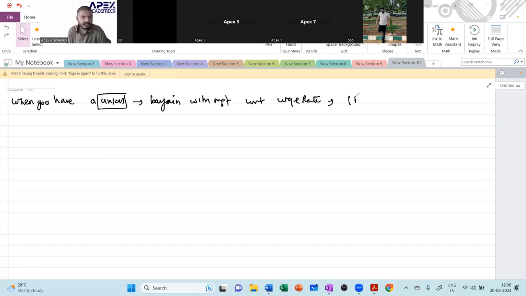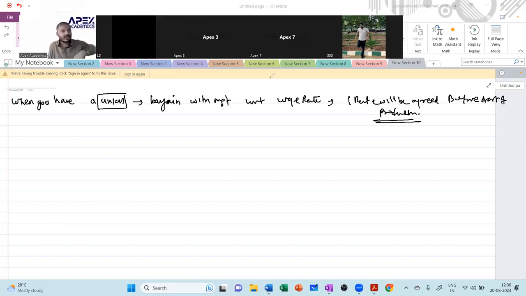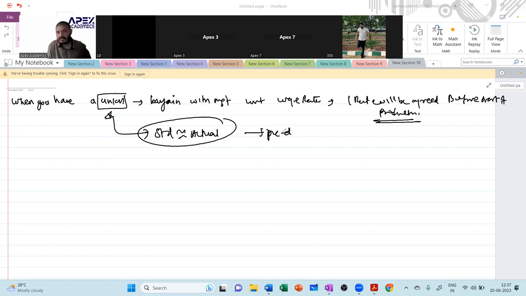And one rate will be agreed before start of production. My dear friends, a rate that is there before start of production is the standard rate that is compared with the actual. So where there is union, in most cases, standard may end up being equal to actual because it is always a predetermined rate. Why? Because without an agreement on this rate, the laborers will not start working.